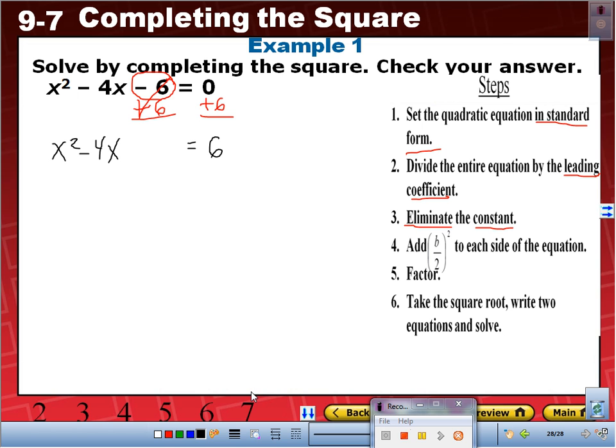So once again, step 1, standard form. Step 2, divide by leading coefficient, which was 1. Eliminate the constant: it was negative 6, so we add 6 to each side, and I left the space here where the 6 was.